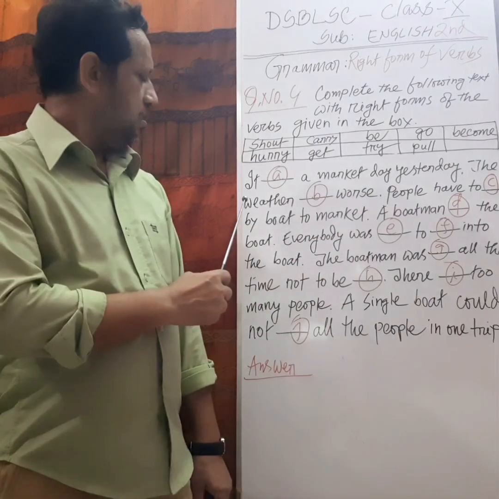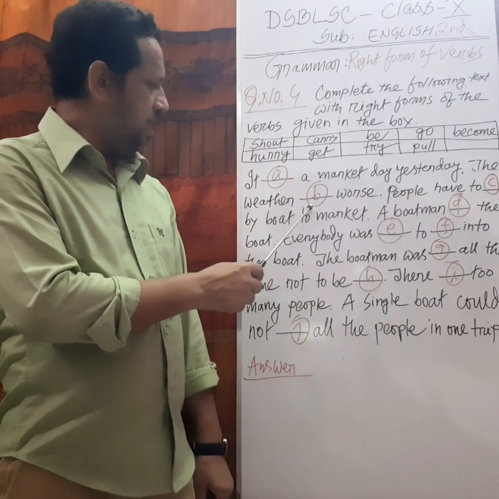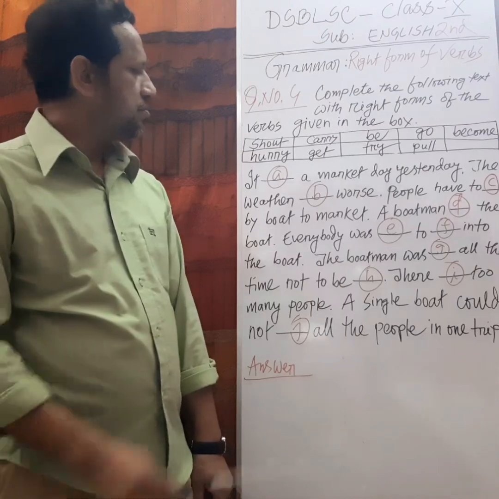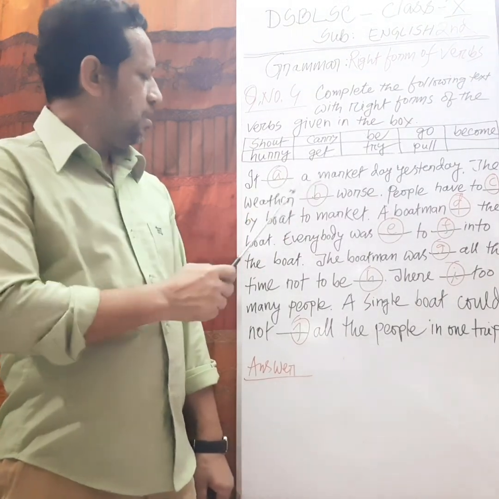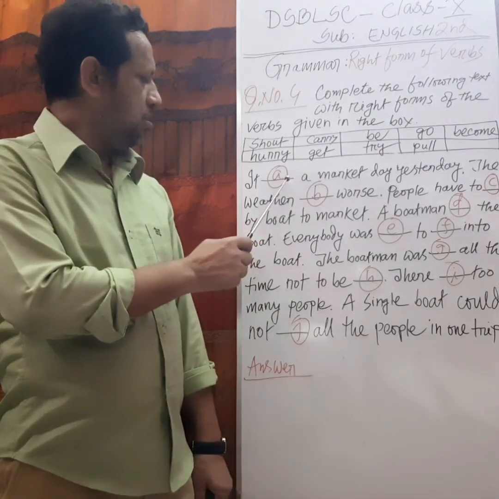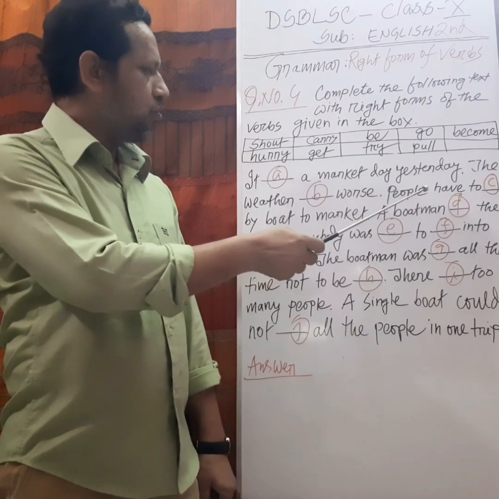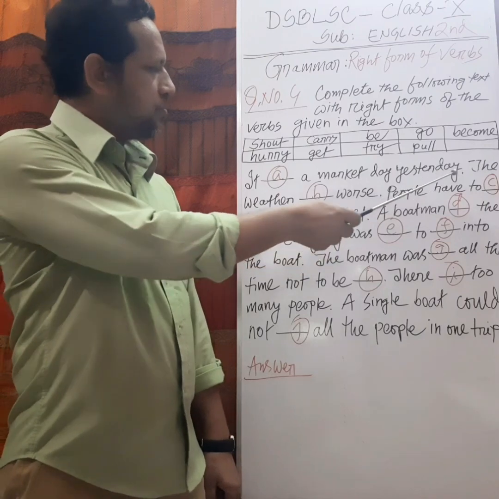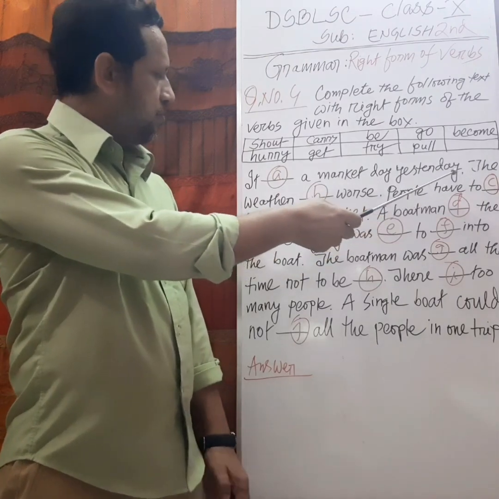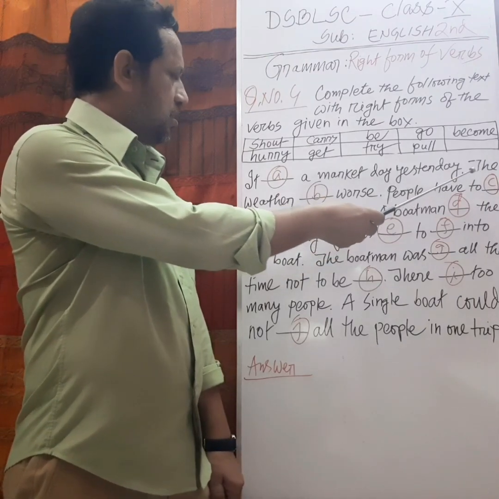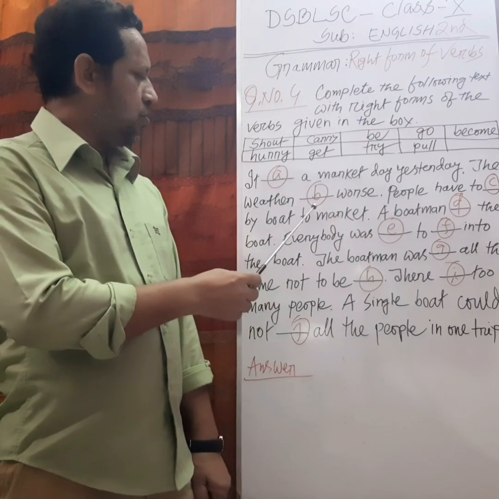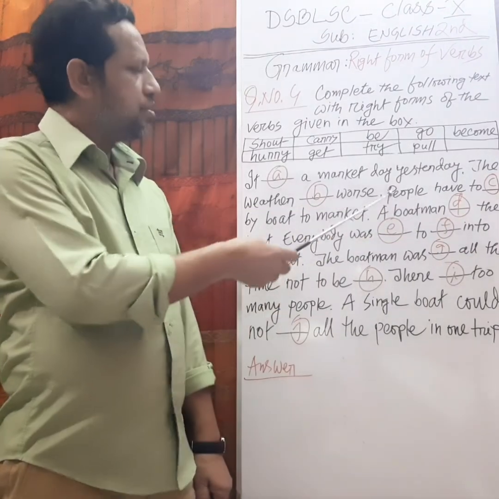The weather gap. As we have used past tense here, we also have to use be verb in past form. That's why the weather was worse.